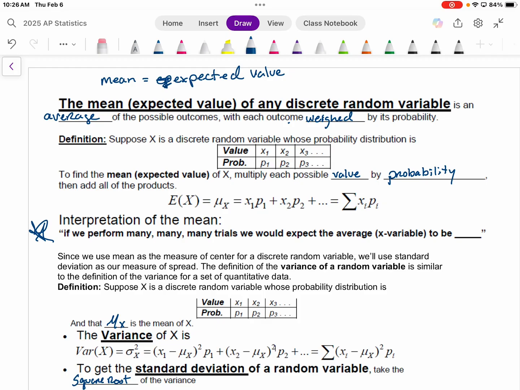There's no dividing. So to find the mean or expected value of a discrete probability distribution, we basically take each x value, multiply it by its probability, and then add up all those answers together. And that's what our expected value is.